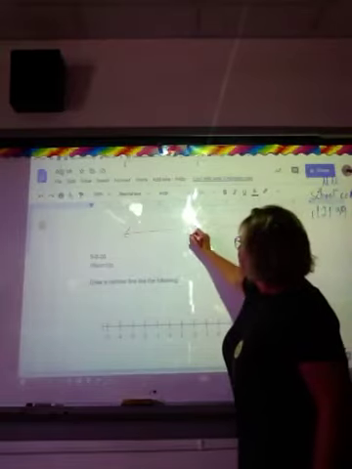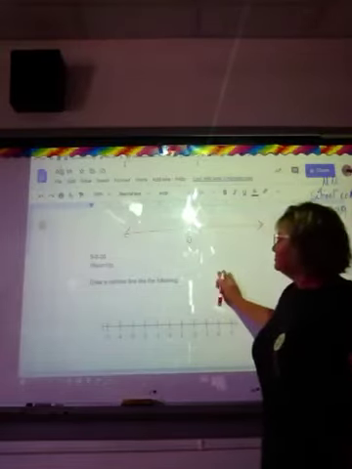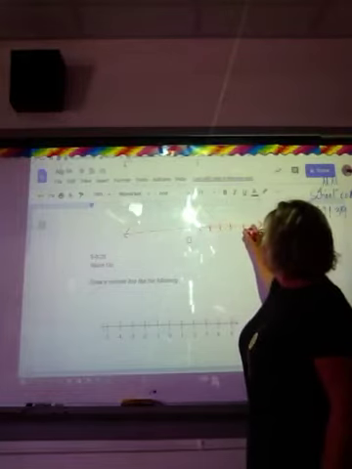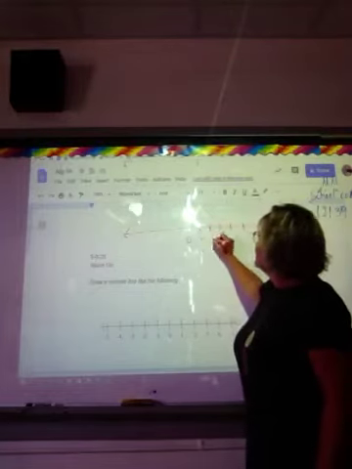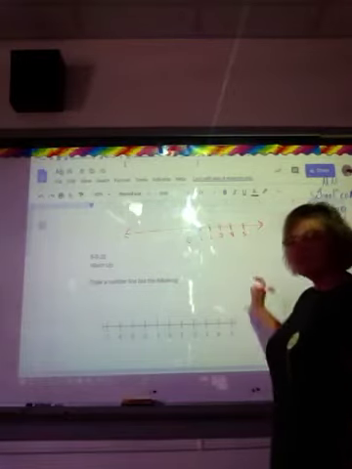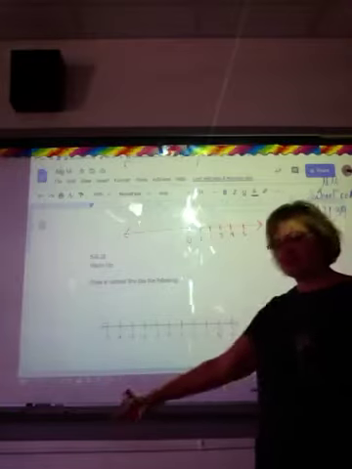Of course, we've got 0 in the very middle. And 1, 2, 3, 4, 5. Go ahead and give those the numbers. And then we need to go to the other side of 0.